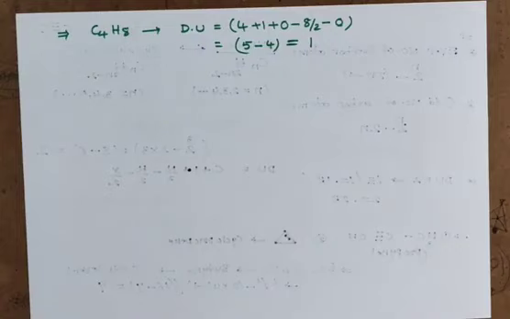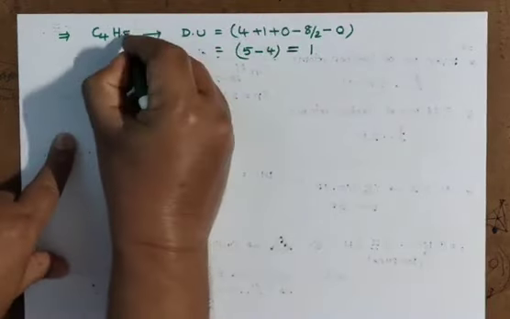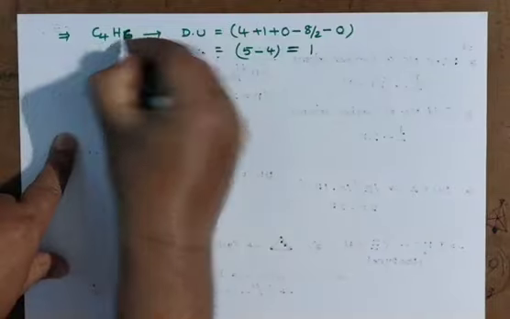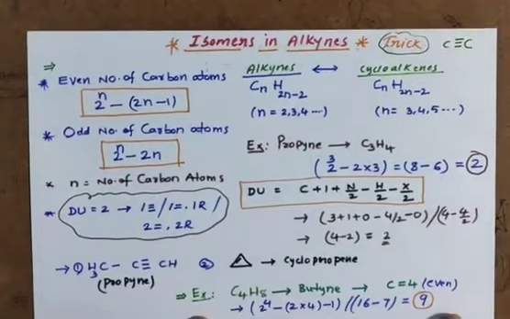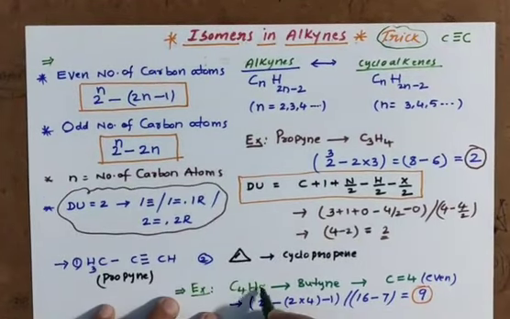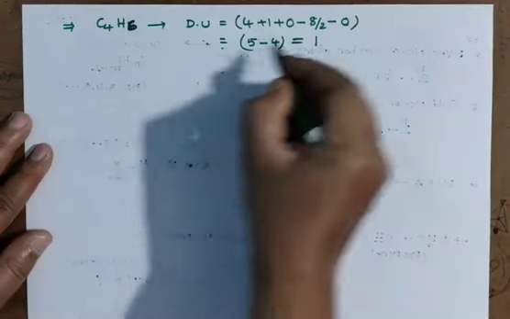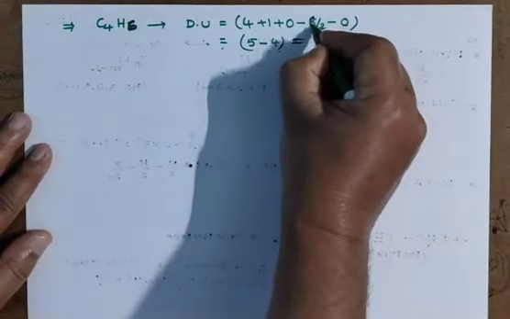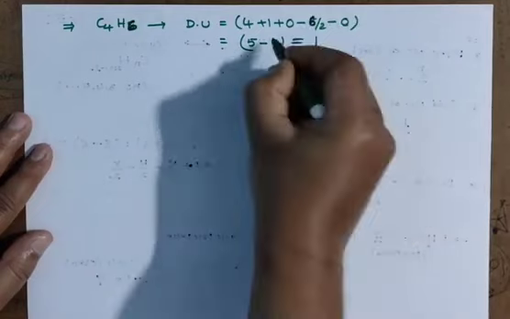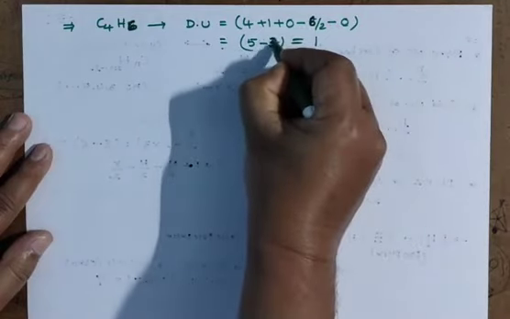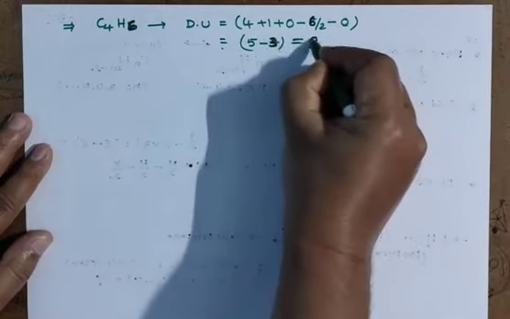C4H8. Sorry, C4H6. C4H6 I am getting. Then this is 6 by 2 means 3, and this is you are getting 2.